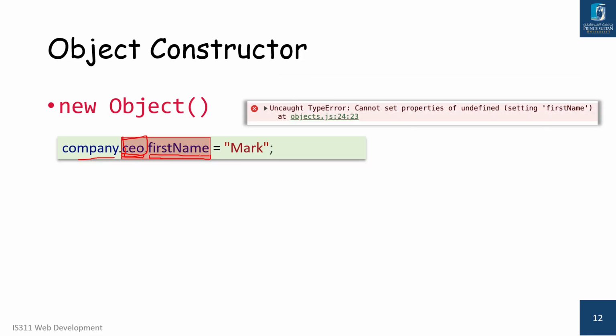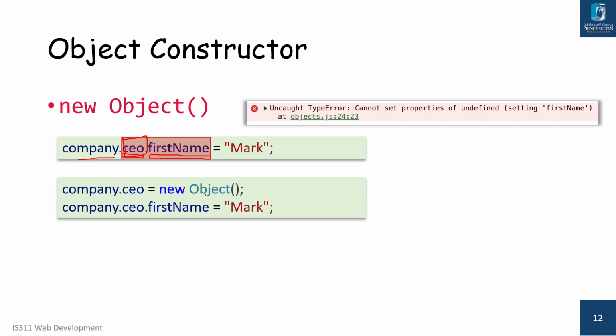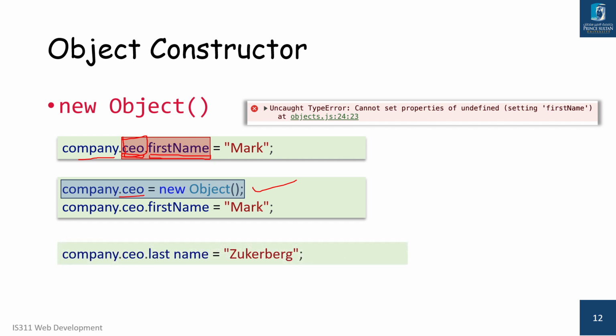First of all we are creating a new object inside the company, the ceo object, which is a nested object. And then we can say ceo dot first name, and because we have just created the ceo object, it is an empty object, so it will automatically add this new property first name, Mark.